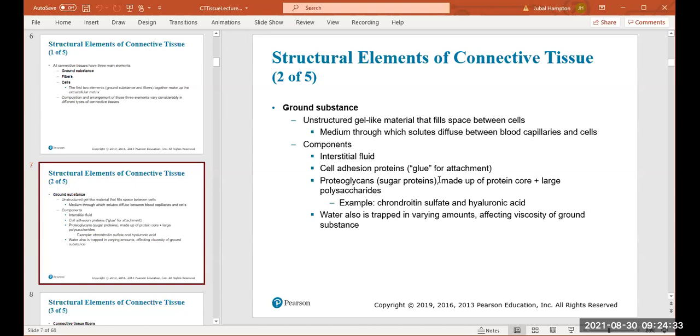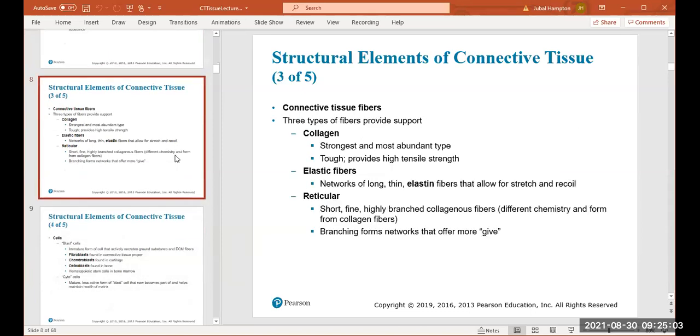These are the sugared proteins. And these are going to be adhesive as well, composed of large polysaccharides. That word polysaccharides means complex chains of sugar. Poly prefix means many, saccharide means sugar. Examples of this are going to be chondroitin sulfate and hyaluronic acid. These are examples of the fibers I just mentioned, collagen and elastic fibers.